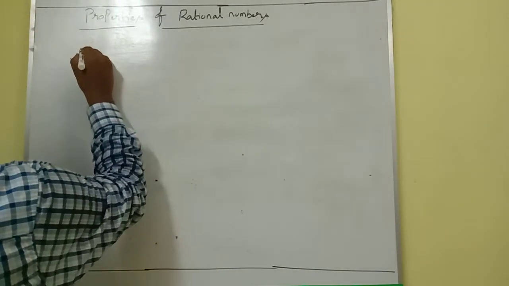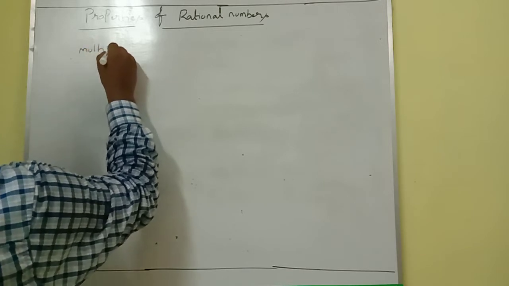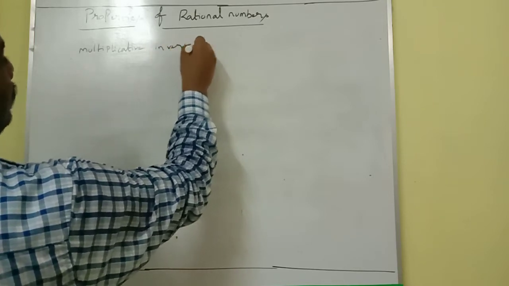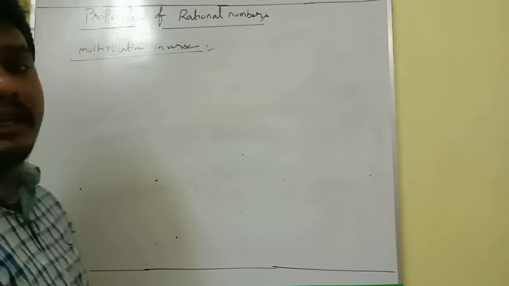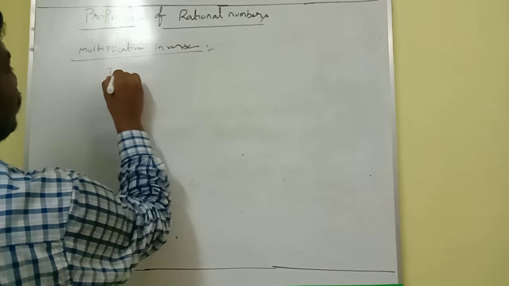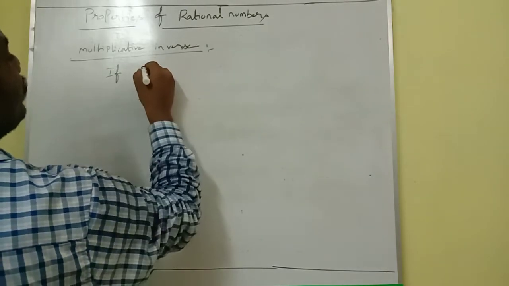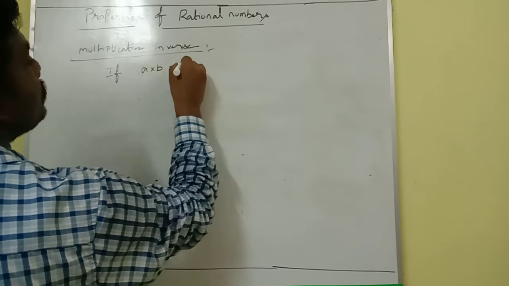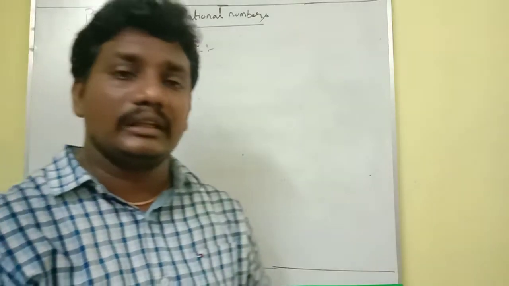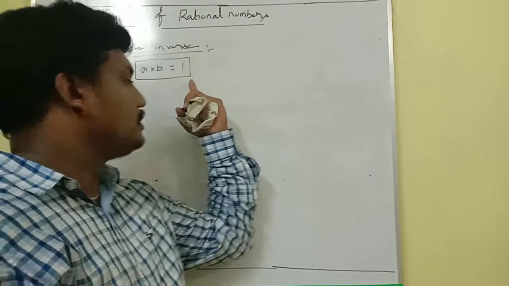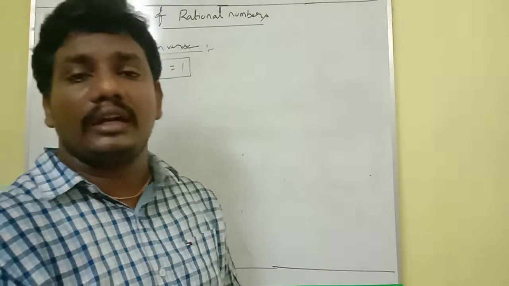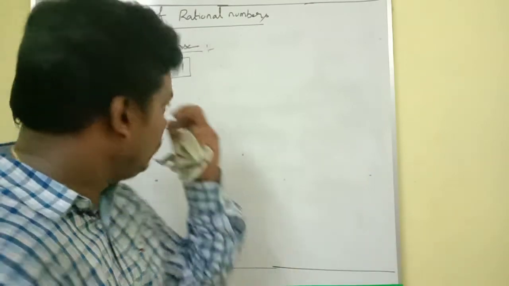So if A into B is equal to 1, the product becomes 1. If you multiply any two numbers and the product is equal to 1, then the two numbers involved in the multiplication are known as multiplicative inverses of each other.